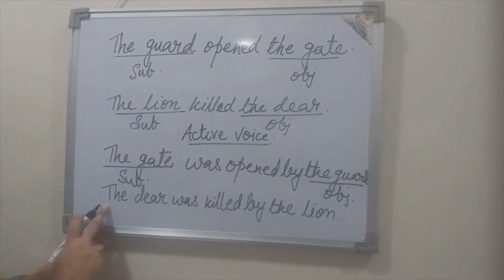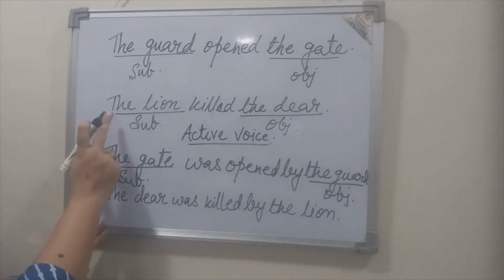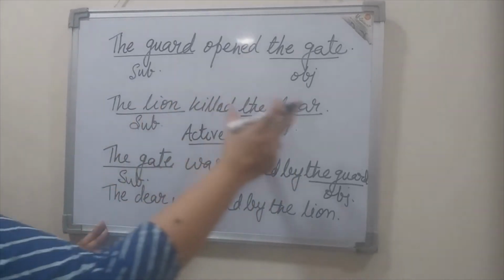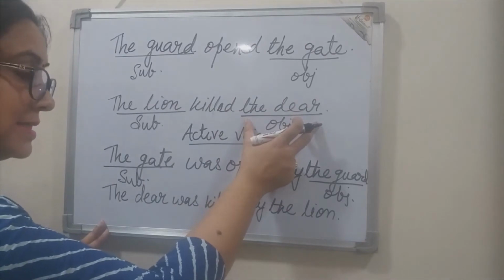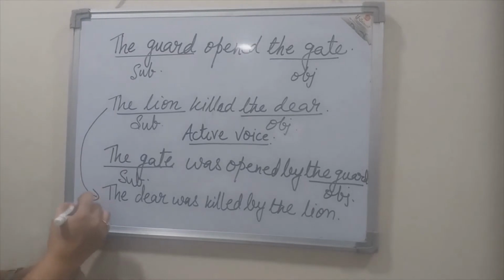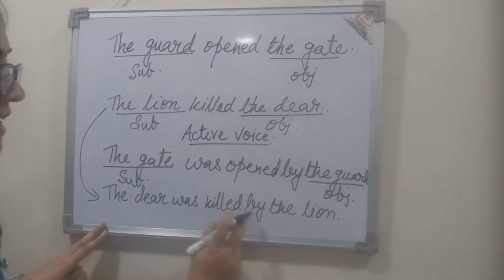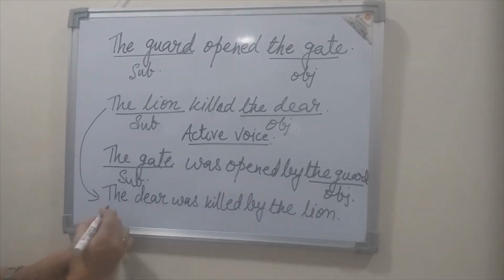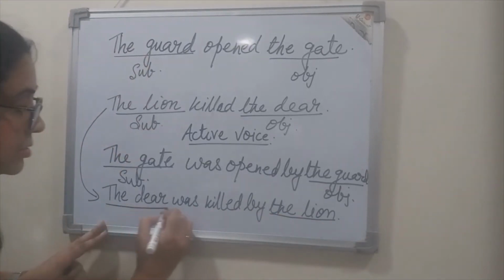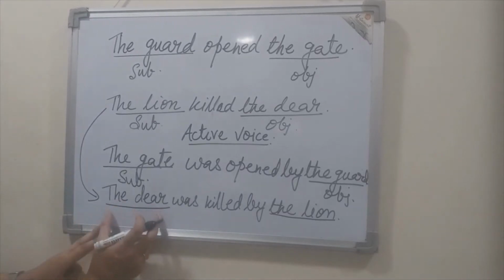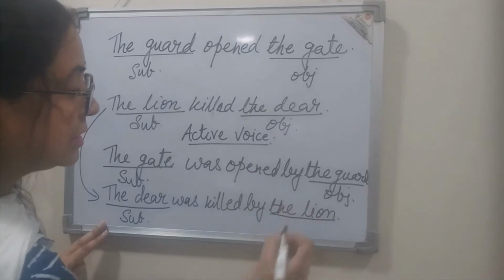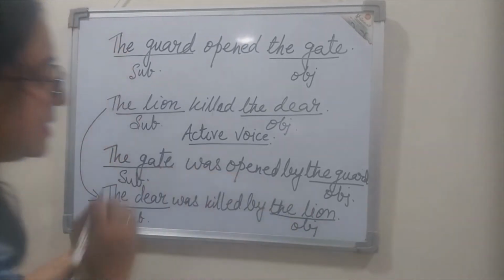Similarly, the next sentence: the lion killed the deer. This is the subject, the performer, and this is the object, that is the receiver. Now here in the same sentence, when we change the structure, the deer was killed by the lion, the performer is over here and the receiver is over here. That is, the receiver is at the subject's place and the performer is at the object's place.